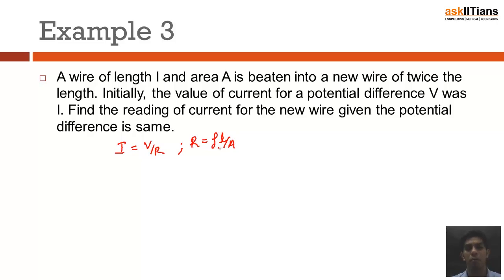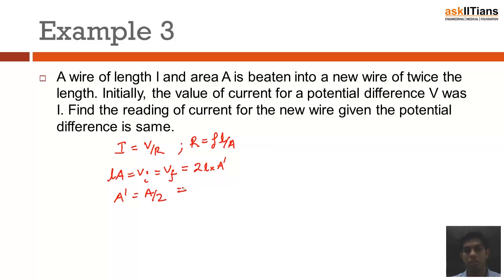Now I've beaten a particular wire into a length of 2L, and obviously its area will vary because the volume needs to be constant. So L times A, that is the initial volume, has to be equal to the final volume, which is equal to twice the length times A dash. So my new area comes out to be half of the initial area.